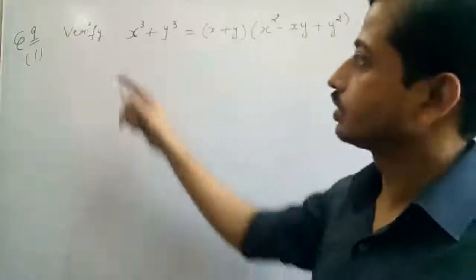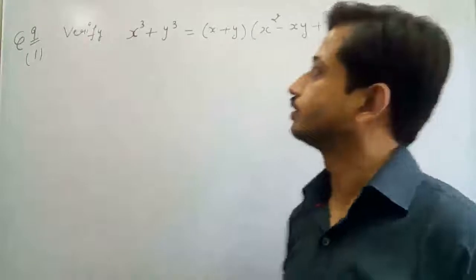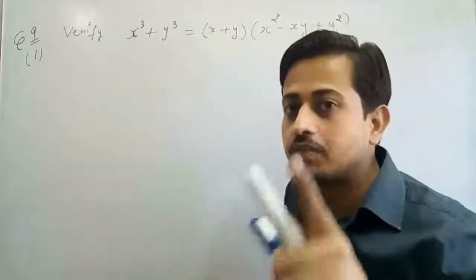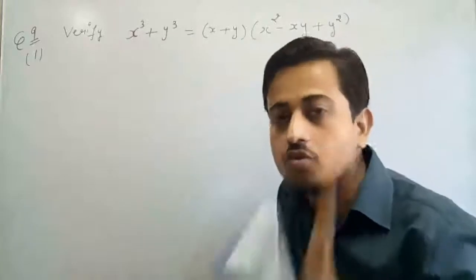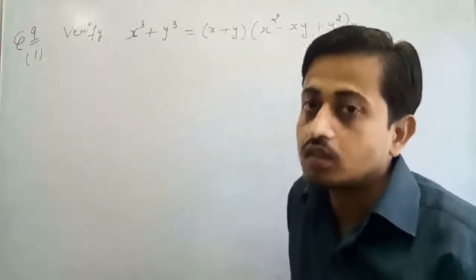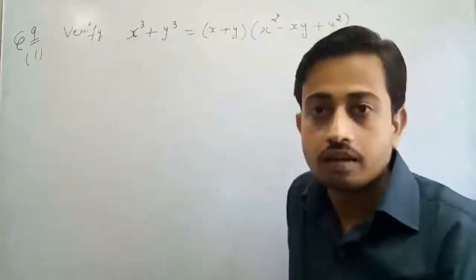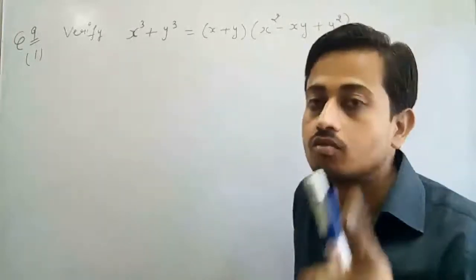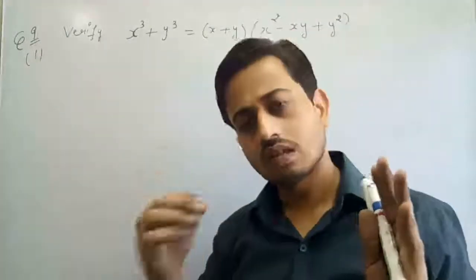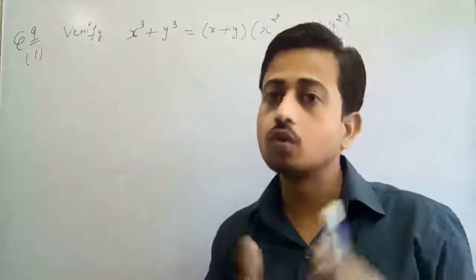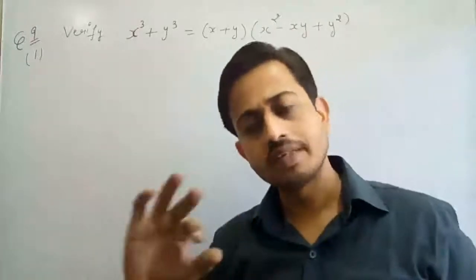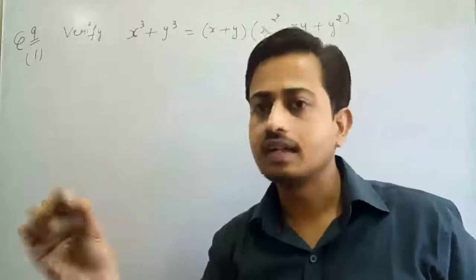Now look at question number 9. Verify. Look at this term. This is identity number 9, and you have to verify whether identity 9 is correct or not. So how will you prove this identity? Whenever the question is in terms of proof, we have to take the larger side and try to solve, then it simplifies to the answer.